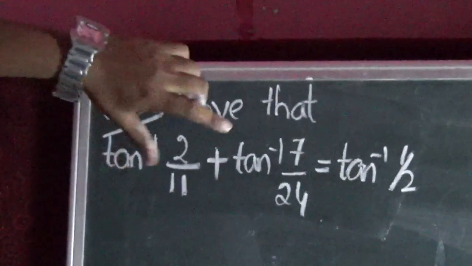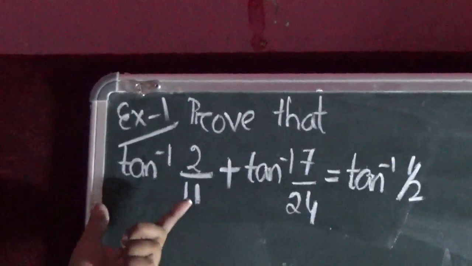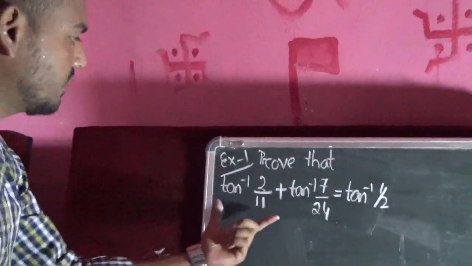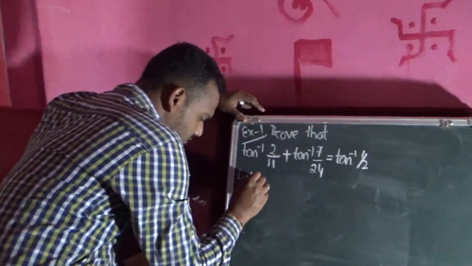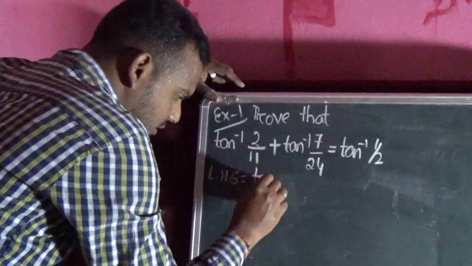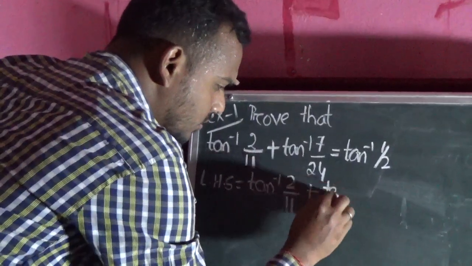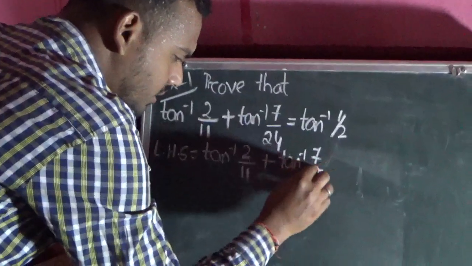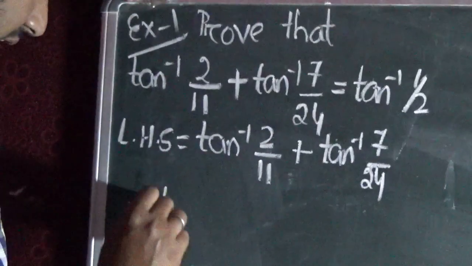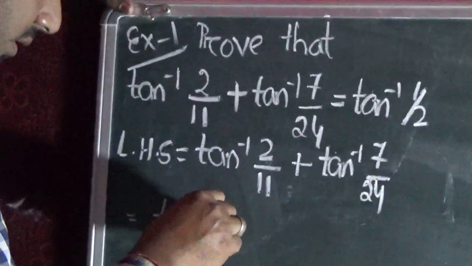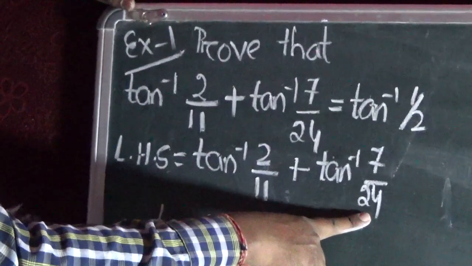We have to prove it. The left hand side is of the form tan inverse x plus tan inverse y, so we can apply the formula. Taking the left hand side, tan inverse 2 by 11 plus tan inverse 7 by 24, in place of x it is 2 by 11 and in place of y it is 7 by 24.